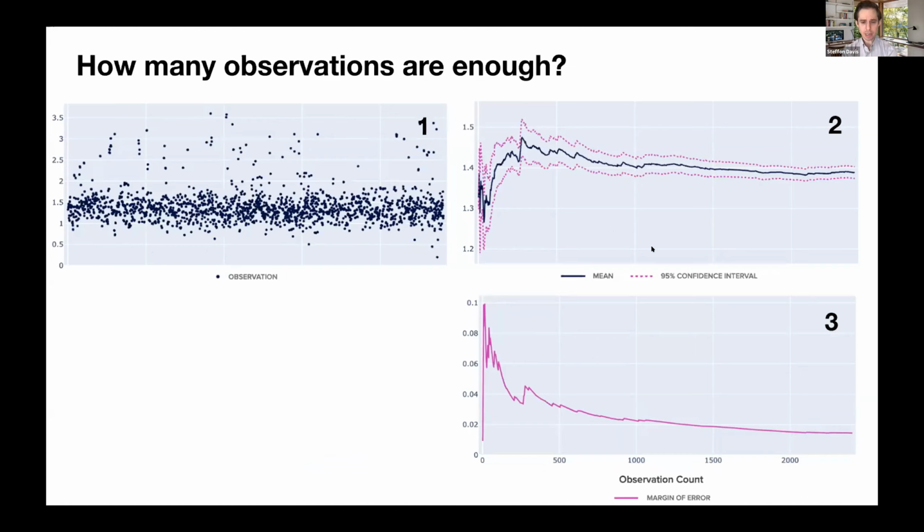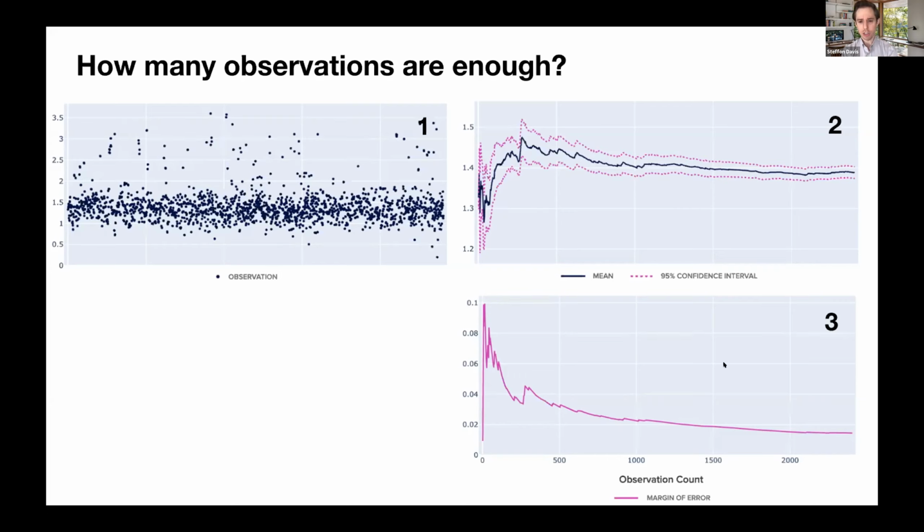And in this second chart, it's showing the cumulative average with the 95% confidence interval. And you can see that as you collect more observations, the confidence interval tightens up around that estimate of the mean.